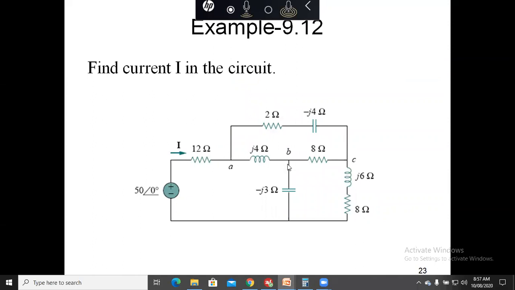So we have to find the current in a network in which we have a delta network. This part is the delta network, right?